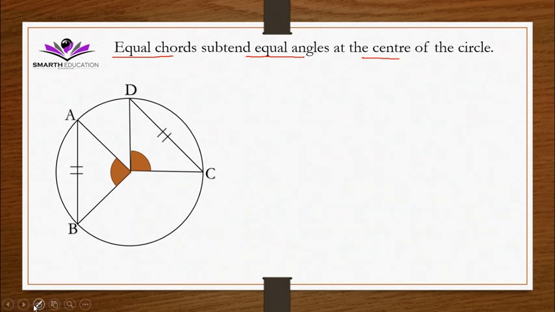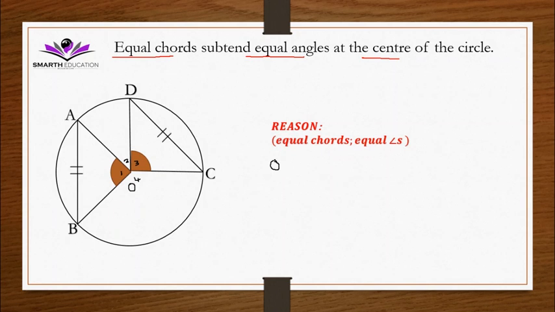Let me name these angles: angle 1 here, angle 2, angle 3, angle 4, and this is all the center O. So we can say that angle O1 is equal to angle O3, because of equal chords, equal angles. They're subtended by equal chords at the center of the circle.